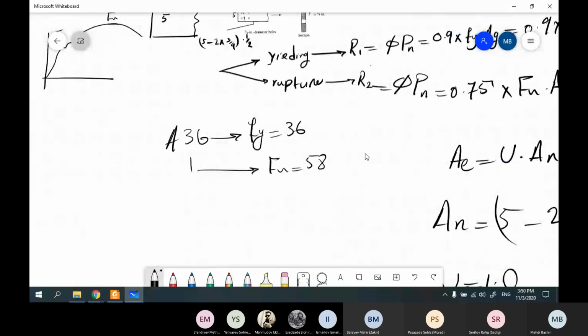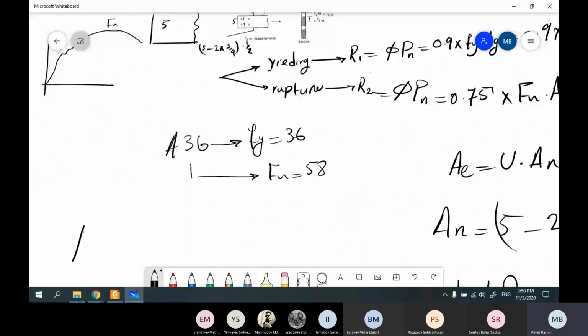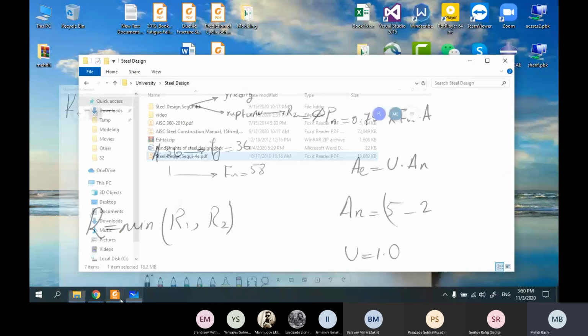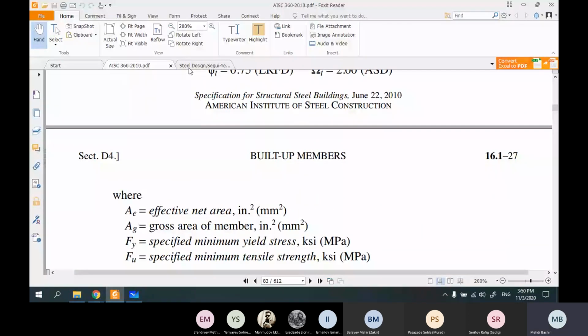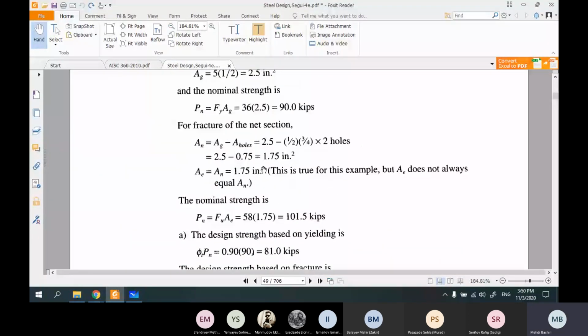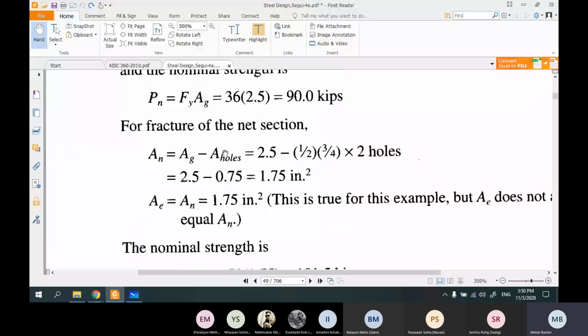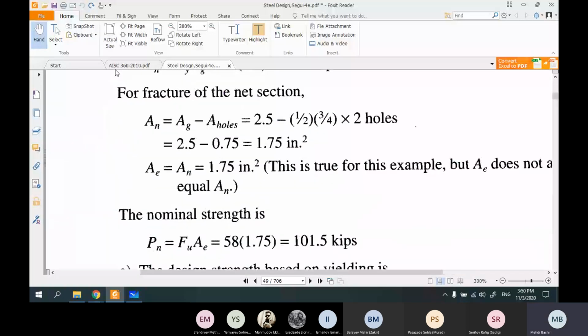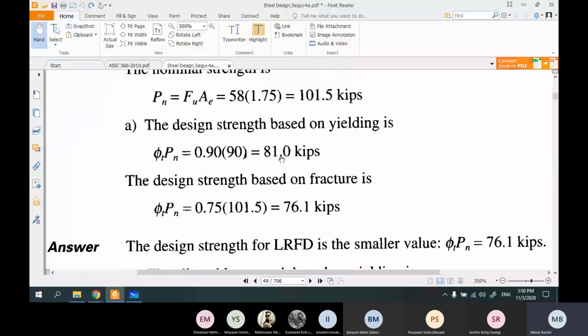The last thing: the final capacity is the minimum of R1 and R2. Let me check the answers. For the first case, phi Pn is 81. For the second case, phi Pn is 76.